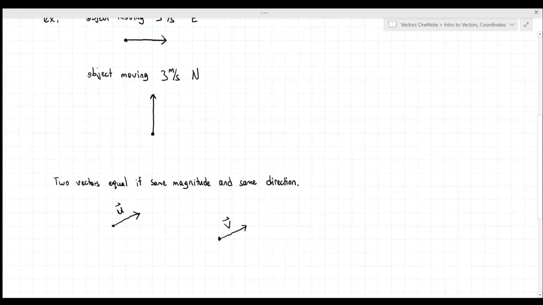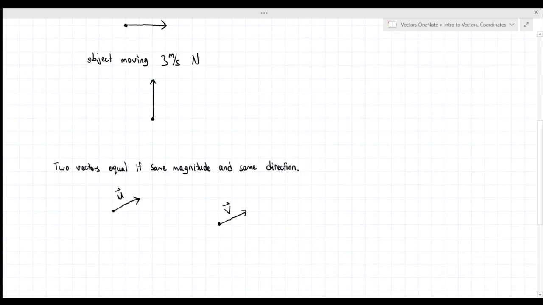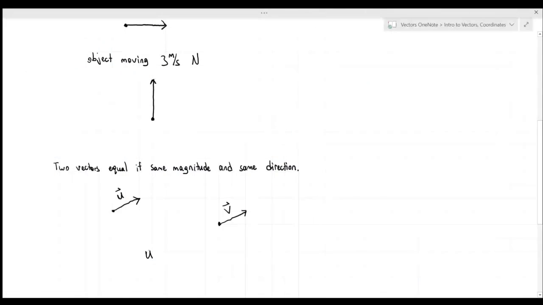If you look at these two vectors, they are pointing in the same direction, so they're parallel to each other. And they also have the same magnitude, the same length. So if they have the same length and point along the same direction, then we would consider the two vectors u and v to be equal to each other, okay?